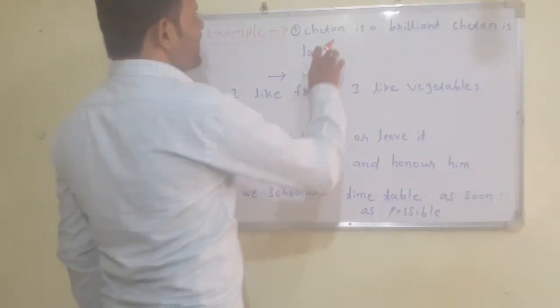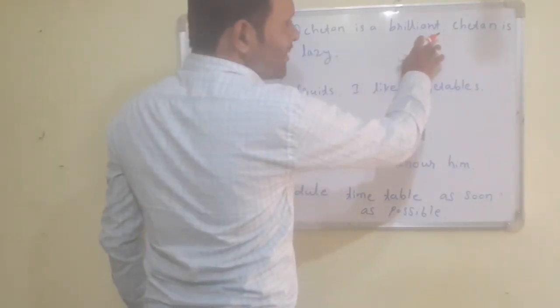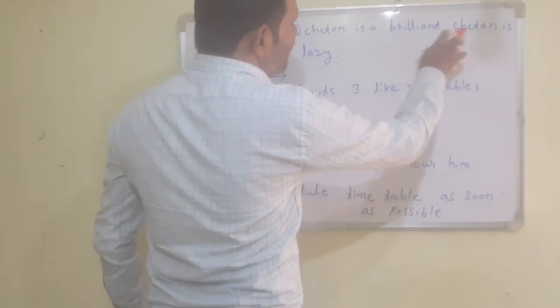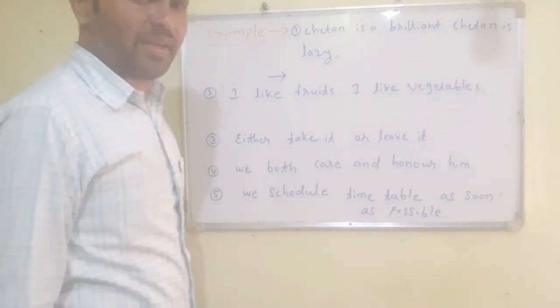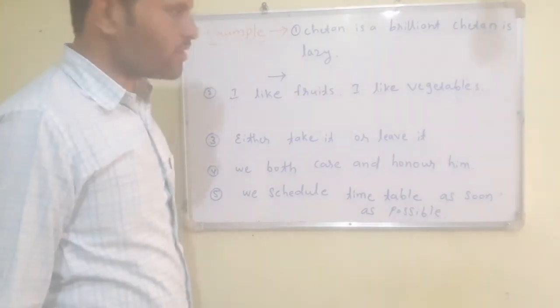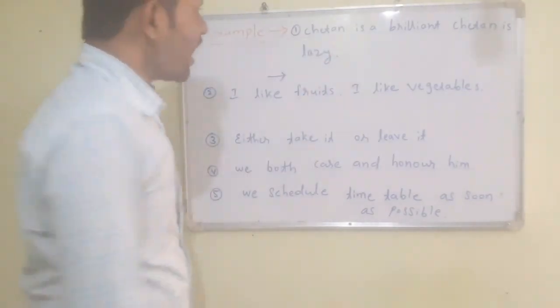See, Chetan is a brilliant boy. It is one sentence. Then, Chetan is lazy. This is a lengthy process, and we want to make it short. With the help of a conjunction, we can make it short. How?